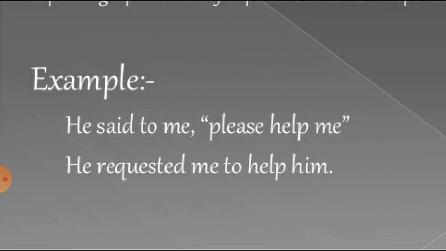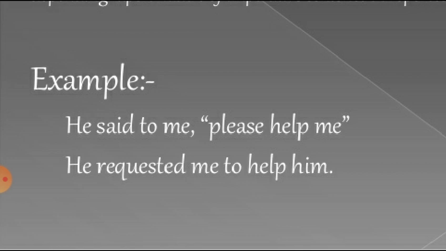So here what you see in the direct speech, please is used there and please shows a request. That's why here said to is changed into requested. Then, as you can see, as a connector, to is used here and other things are as it is.